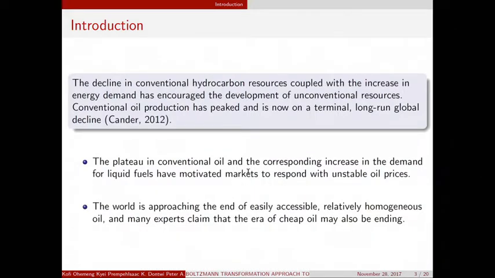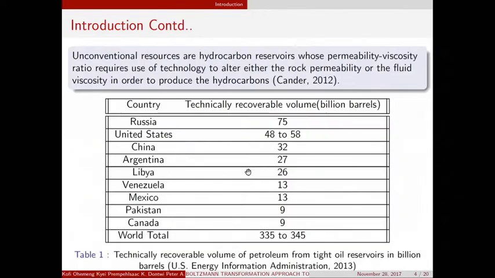The plateau of these oils requires us to look at how to explore the unconventional reservoirs that occur in the world. The world is approaching the end of easily accessible hydrocarbons, and it is worthwhile to look at how to move on to find other sources of hydrocarbons.